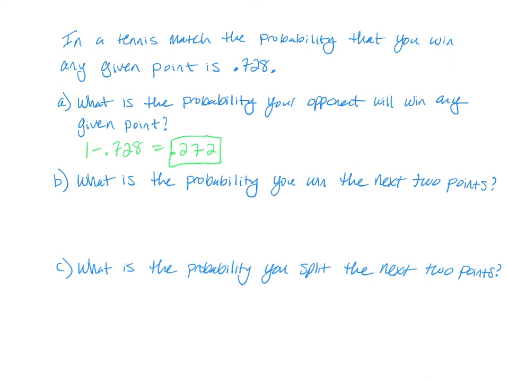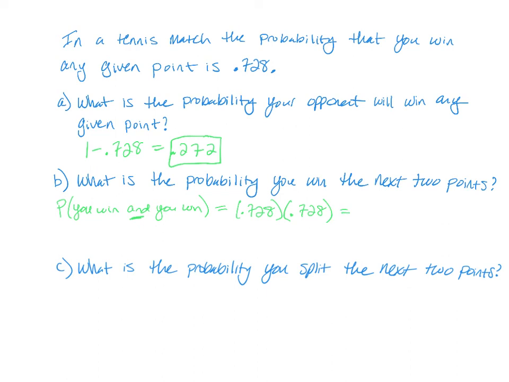All right, what is the probability you win the next 2 points? So that's the probability you win and then you win again. So that and means multiply, right? So the probability you win is 0.728 and you win again, so you multiply 0.728.